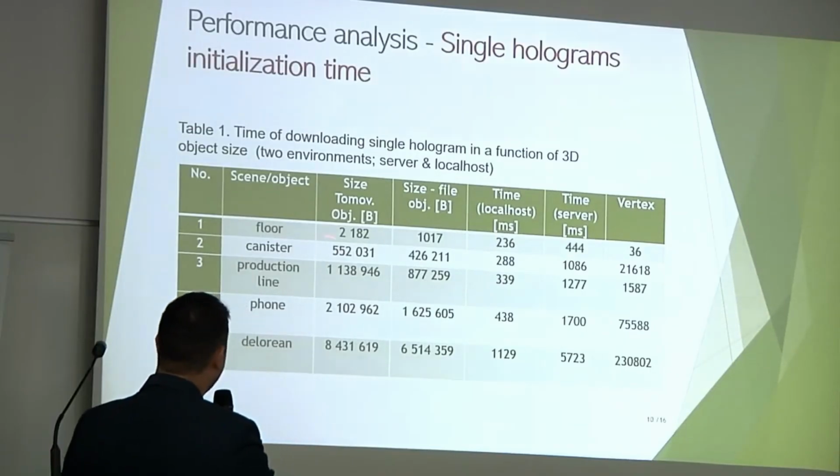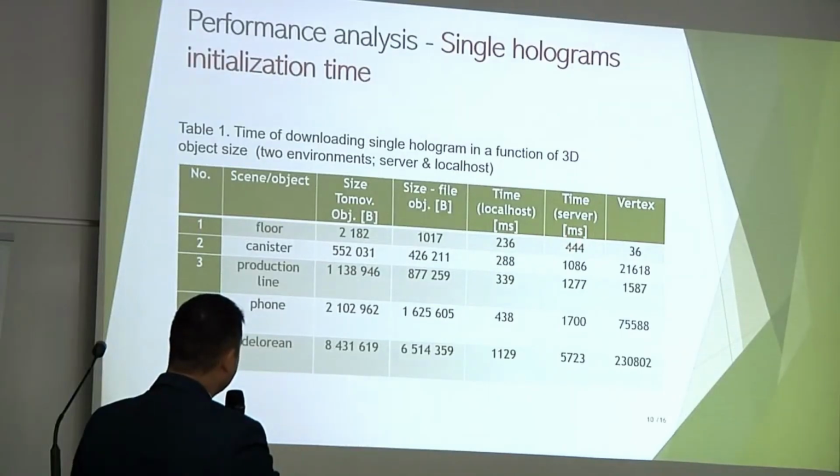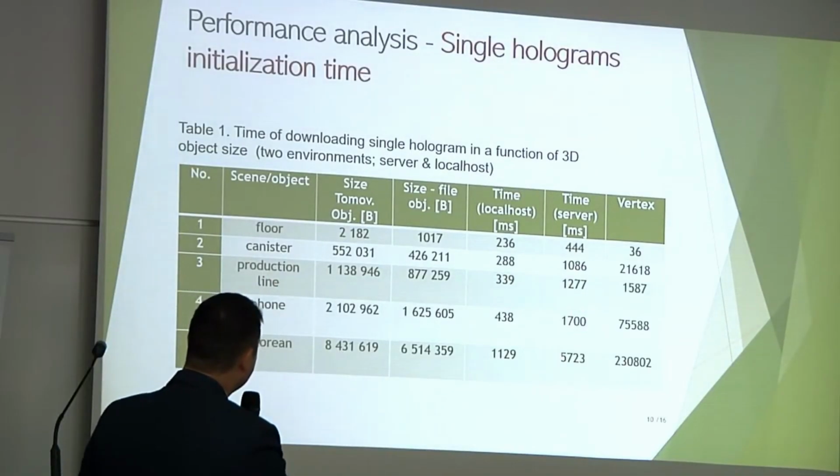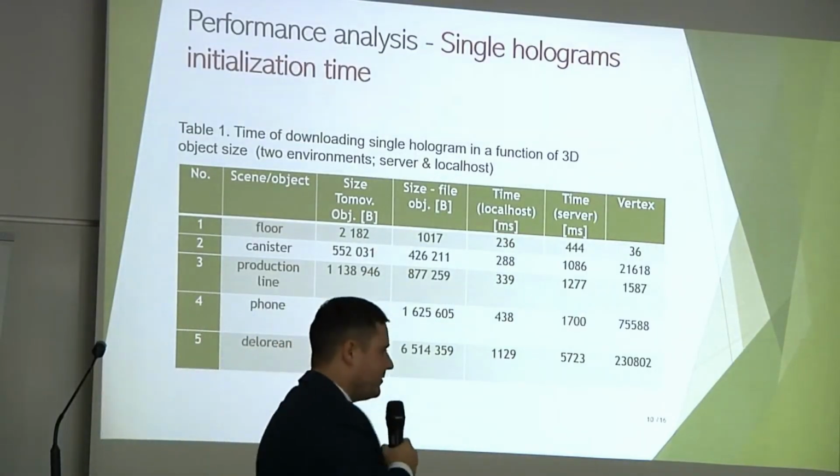If you're talking about the floor, it's a simple model. It's half a second, for example, if we're talking about the server mode. Then the canister is about 1 second. More than 1 second is the production line. Then the phone is almost 2 seconds to load to the scene, and the car is 6 seconds when we use the server mode.